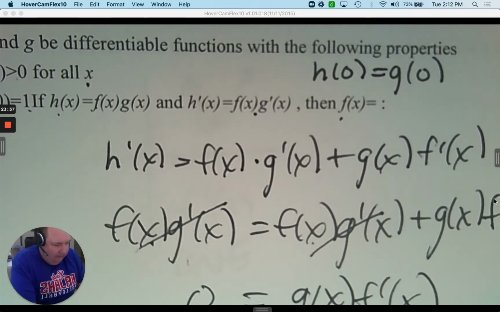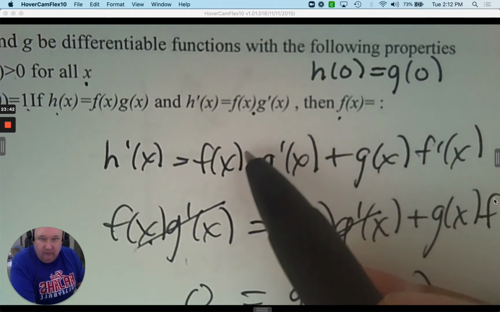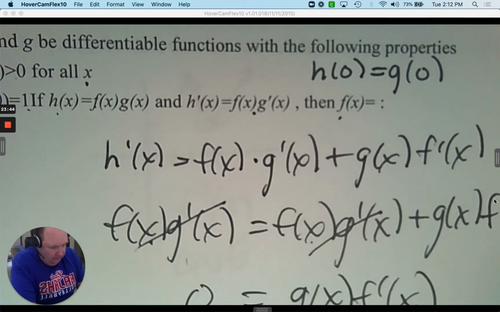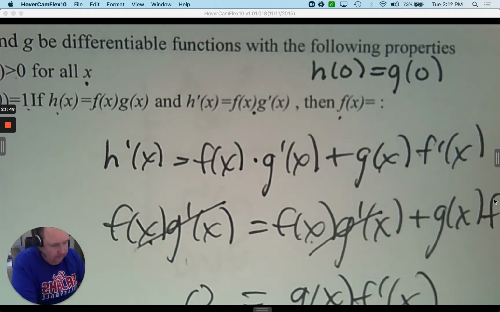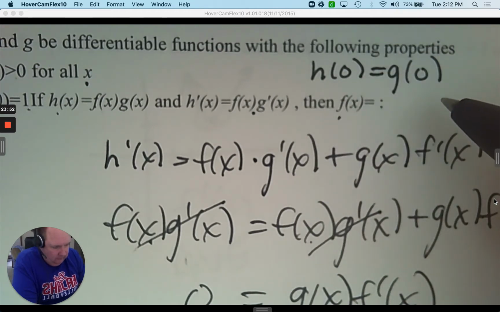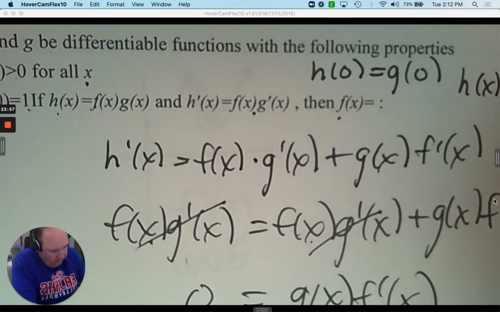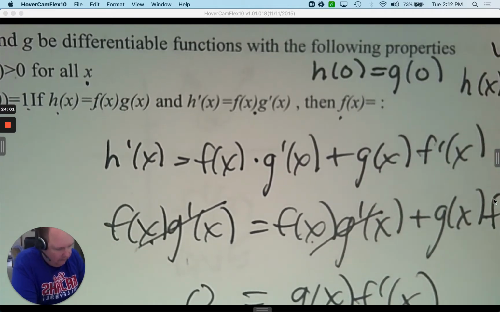So if I plug in 0 here, so h at x equals g at x when x equals 0.